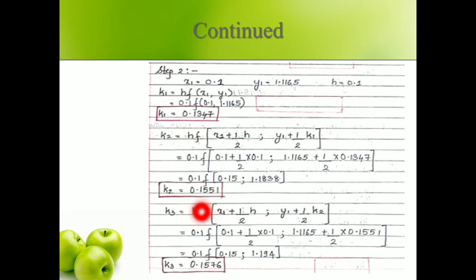0.1551. k3 is equal to h of f of x1 plus half h, y1 plus half k2. So substituting the values, we get f of 0.15 and y as 1.194. These are the values of x and y.